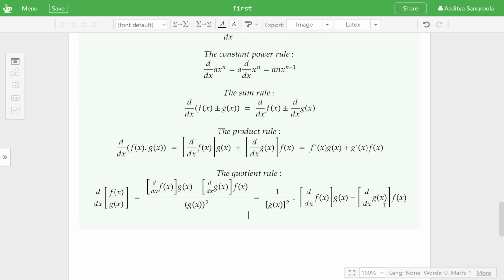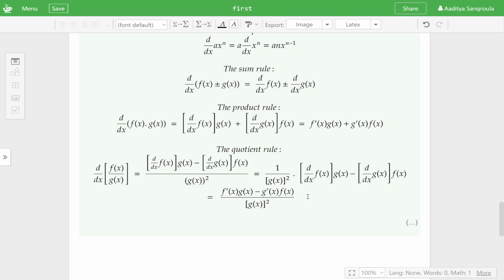And you have another way of writing this, which is equal to simply copying this, and in place of 1 we write f prime at x g of x minus g prime at x f of x. Simple, right? So this is all equal to the quotient rule.